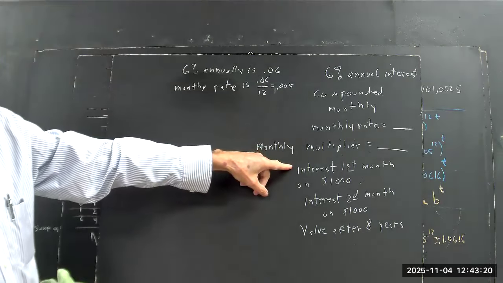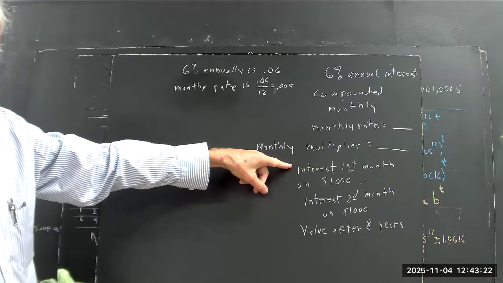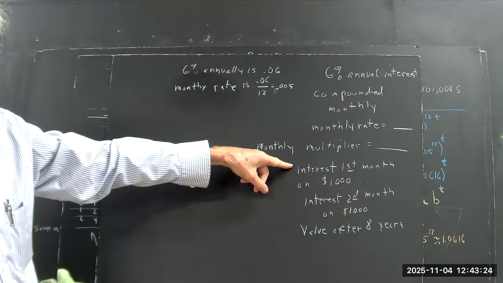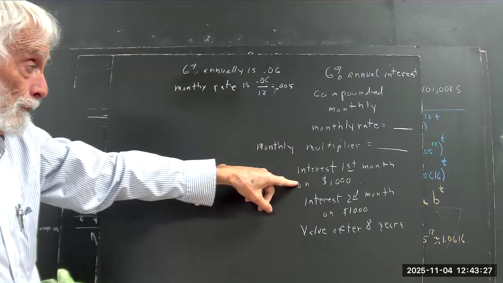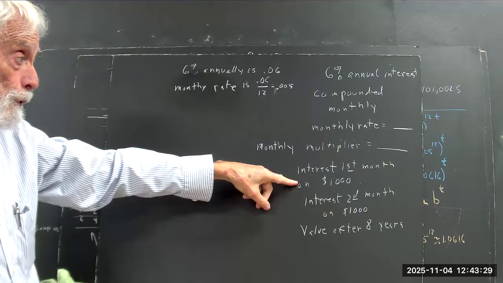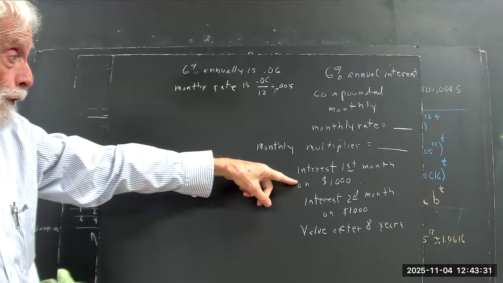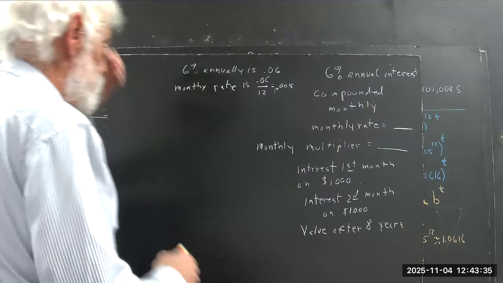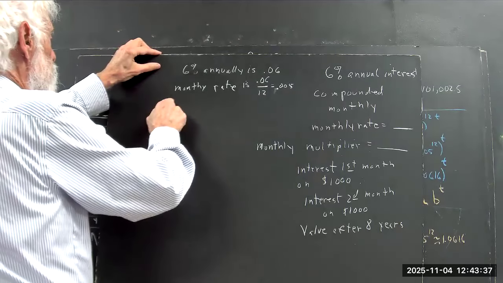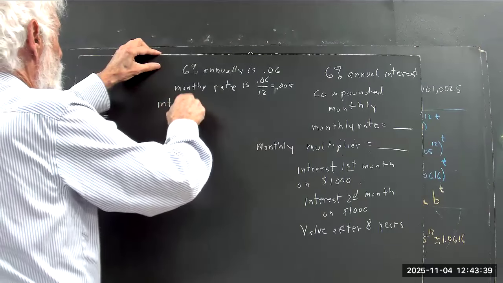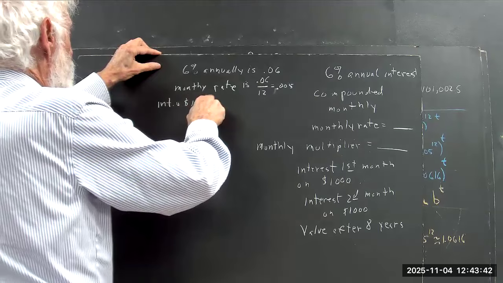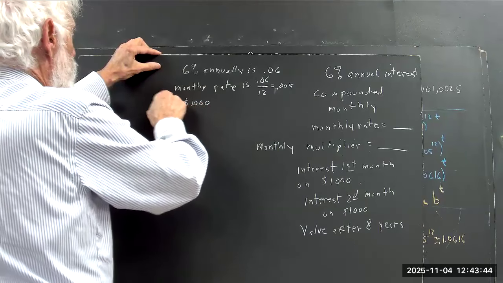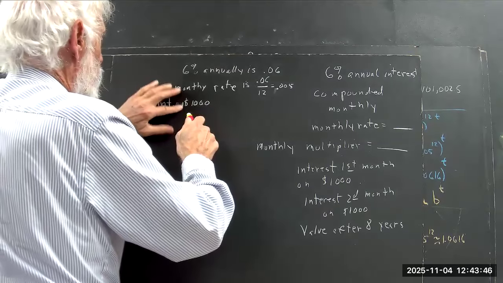Monthly multiplier, you don't know what that means. Maybe you didn't have a problem with that terminology. So let's just skip to what the interest is for the first month on $1,000.